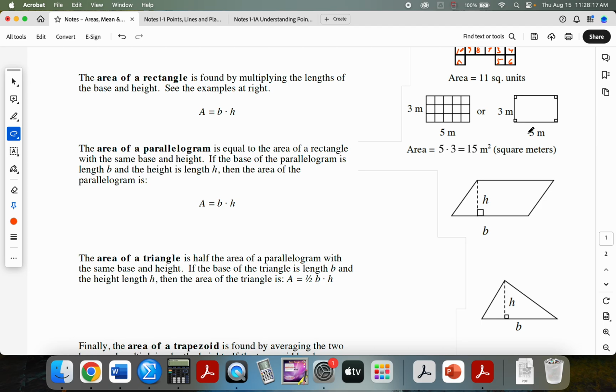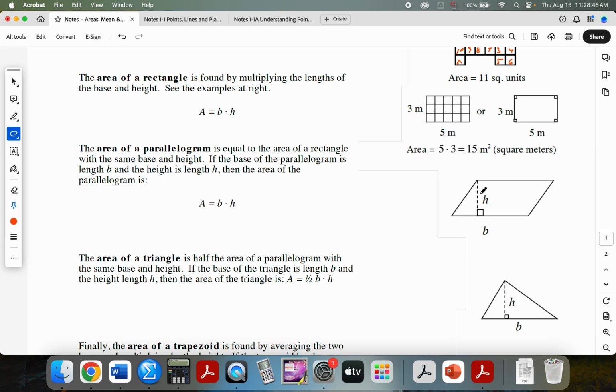Because it's just like a rectangle, except the sides are angled. So why is it that that doesn't change the area, I guess would be my question then. Because the sides have the same length as a rectangle. Oh, but is this side? Because this side is actually going to be longer than the height, isn't it?